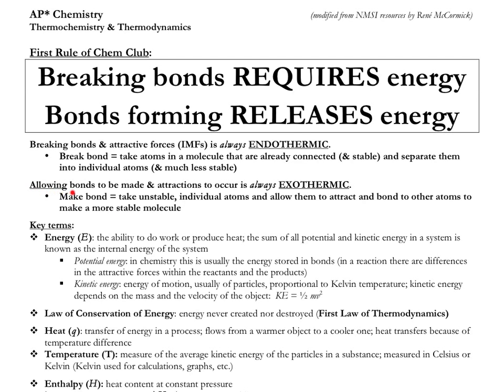A phrase I like a little bit better is allowing a bond to be made is exothermic, because we're taking those separate things that are unstable, the incomplete octets, the charged atoms, or charged ions that are separate, and allowing them to come together. We take those unstable things and they attract each other and they go into a more stable or lower potential energy position.